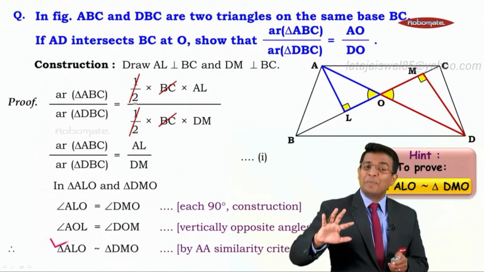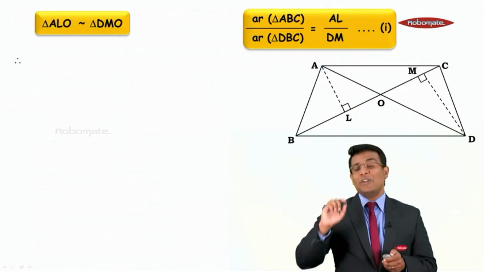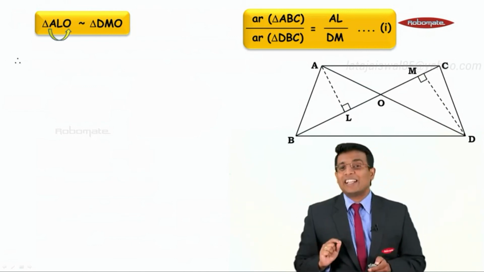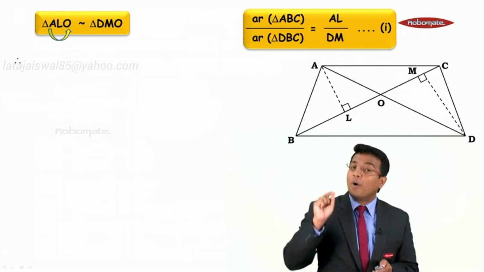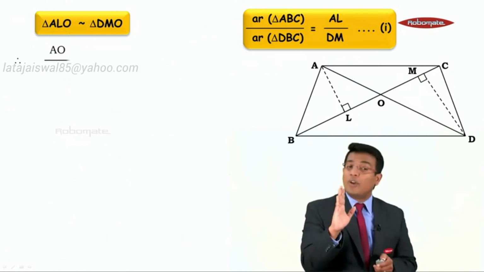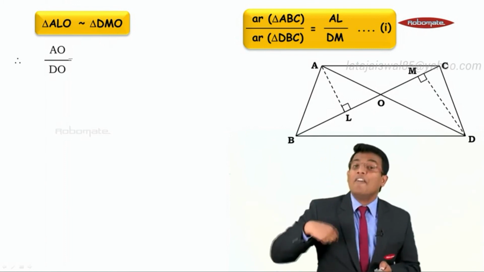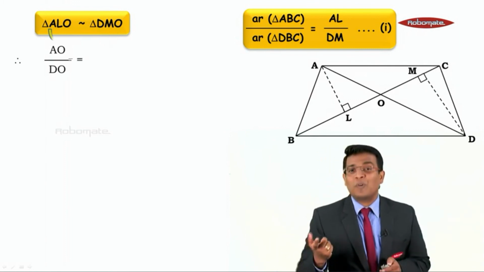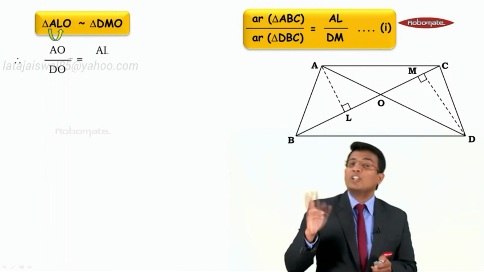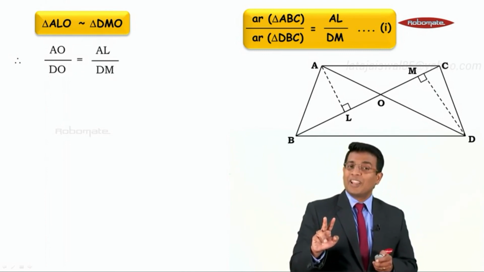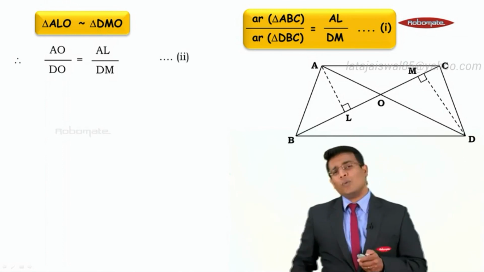Now if the triangles are similar, we are going to take what we want. So we wanted that ratio. Right now we take that ratio, that is AO upon, so what is the corresponding side of AO? It is going to be DO. Beautiful. So AO upon DO will be equal to what we wanted. It is AL. What is the corresponding side for AL? It is going to be DM. Right. So we write it is equal to AL upon DM. Now, what is the reason for that?